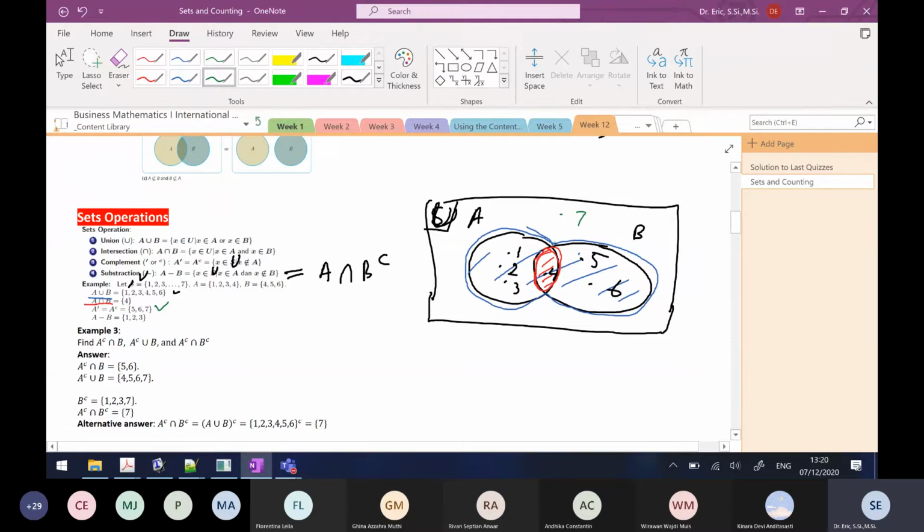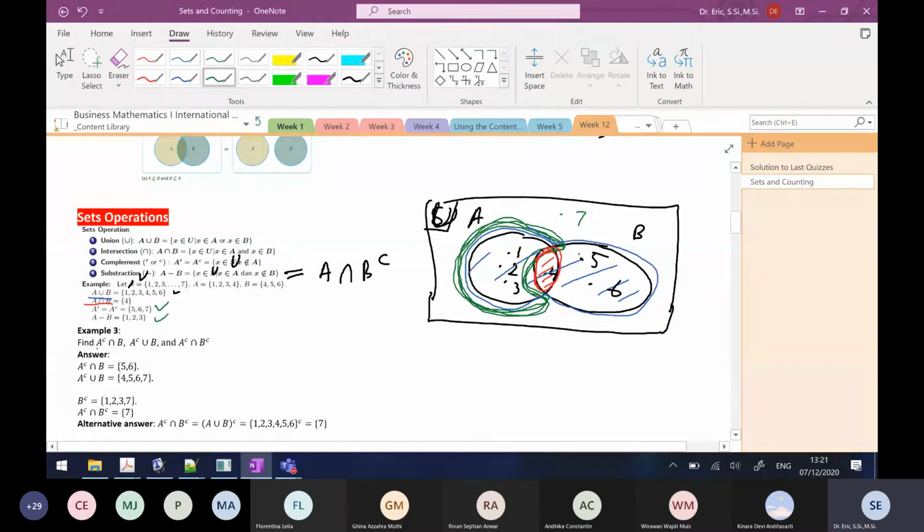This one, the crescent moon area. It is in A but not in B, because 4 is in B. So we want A without the B element.